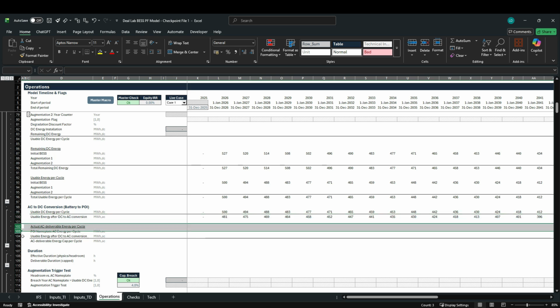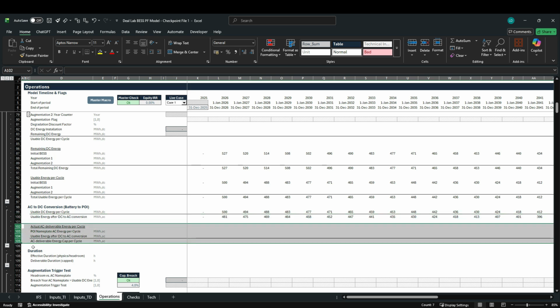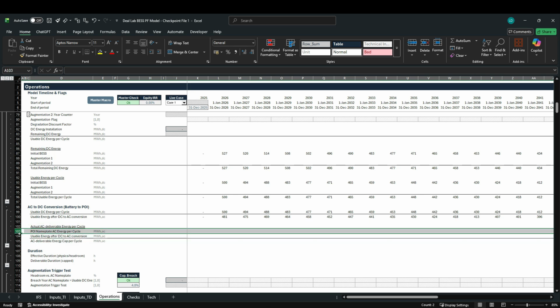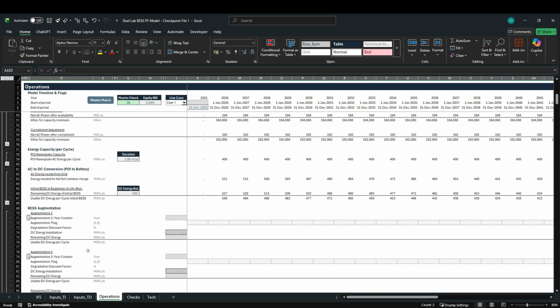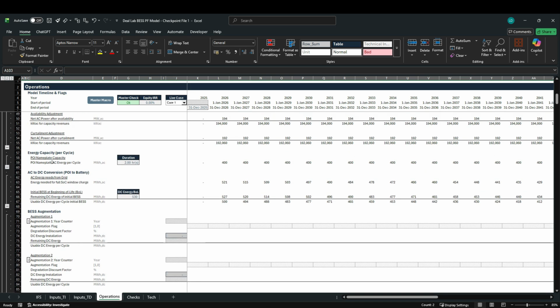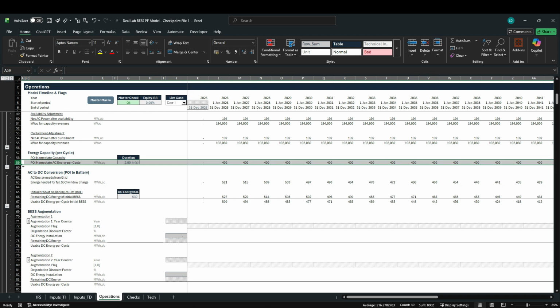Okay, now let's move on to the next block. In this block, we make sure that we don't dispatch more energy than the point of interconnection rating allows. We calculate the maximum AC energy the plant could deliver per cycle purely from its nameplate. And the first thing we will have to do is pull in our point of interconnection nameplate AC energy per cycle, which we have already calculated in our previous lesson here in row 59.